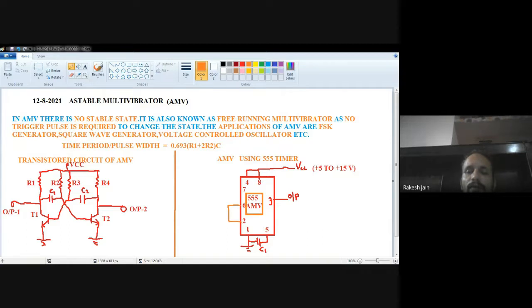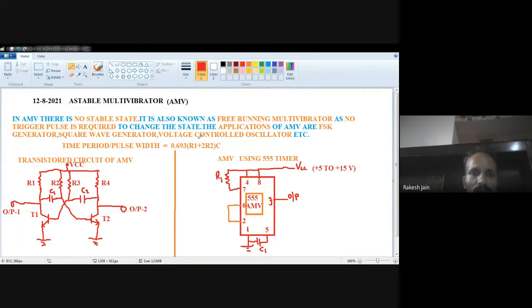The frequency of operation is controlled by R1, R2, and C. Where are those resistors R1, R2, and C? In between the 4th pin and the 7th pin, a resistor is connected, and that is known as resistor R1.